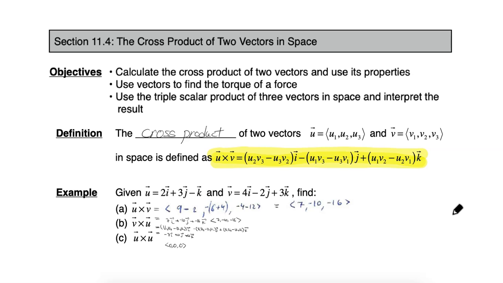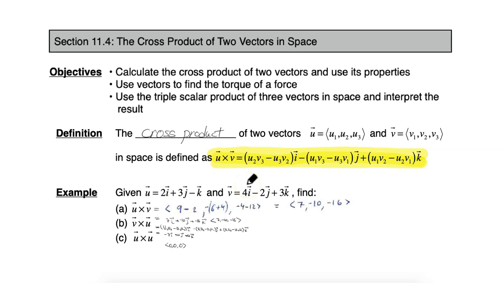Back to the notes. Now we're going to try to practice that. If u is given here and v is given there, then u cross v is going to be 3 times 3 minus negative 1 times negative 2, so minus 2, which yields 7.